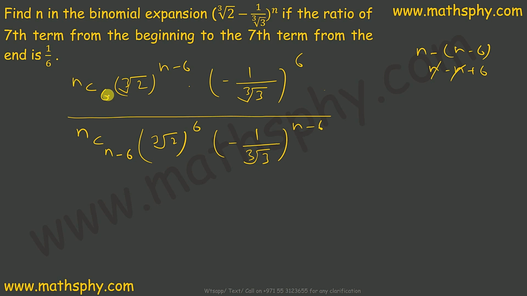Now nC6 and nC(n minus 6) are the same, so I can cancel them.